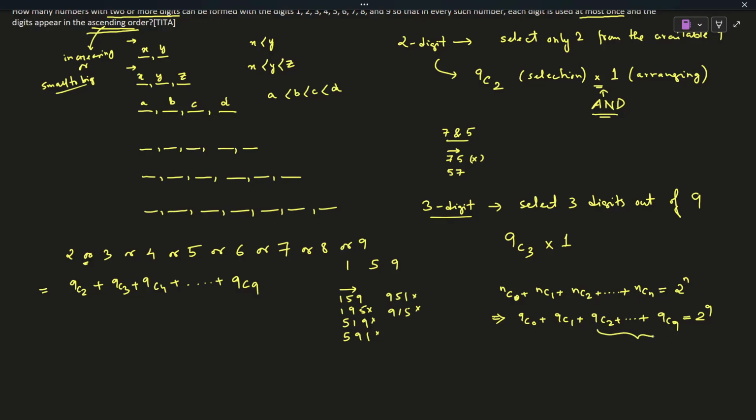I need this part, right? So this can be written as 2 to the power of 9 minus 9C0 minus 9C1. What is 2 to the power of 9? 2 to the power of 10 is 1024, so 2 to the power of 9 is 512.